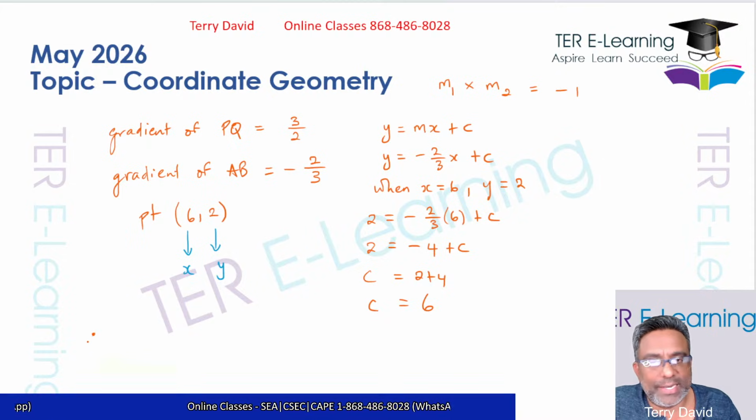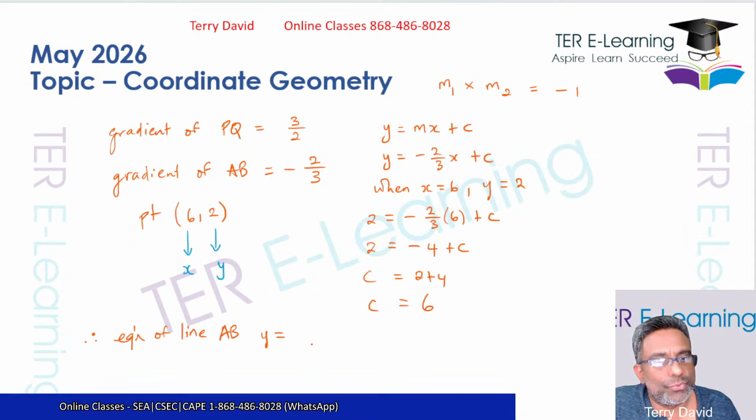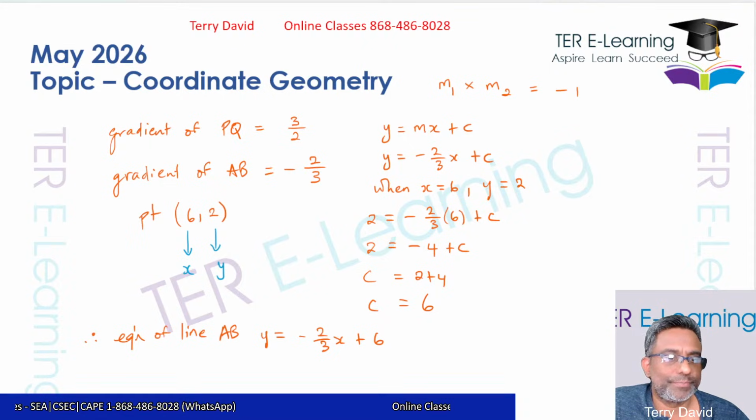That means that the equation of line AB is going to be y is equal to -2/3 x plus 6.